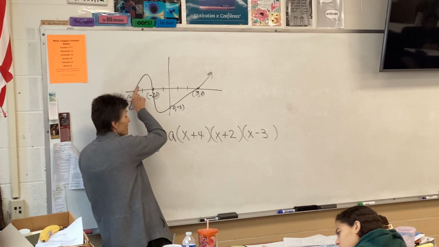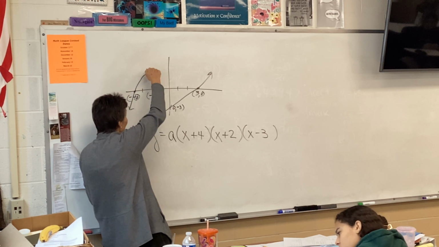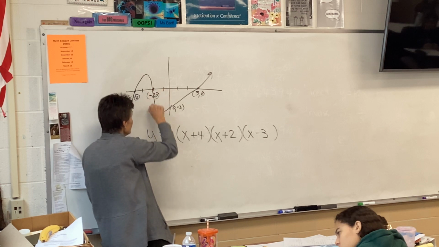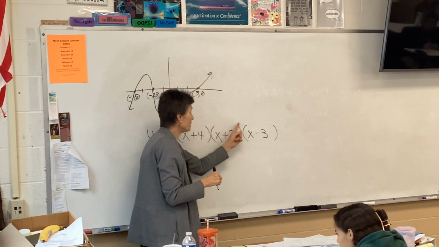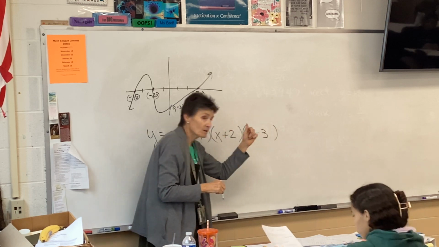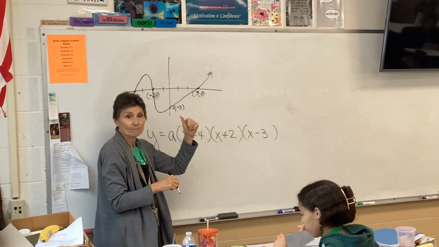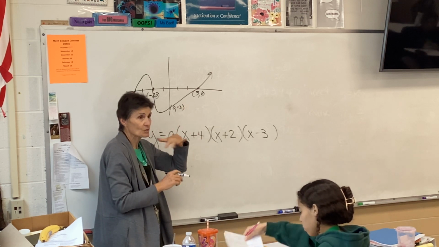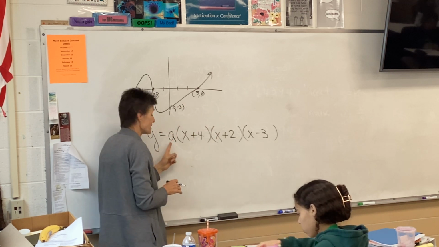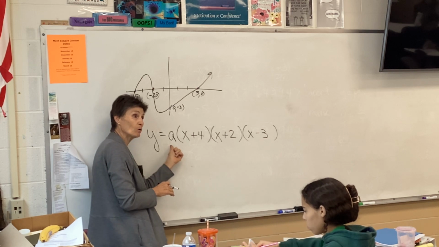Do I have a bounce here? Nope. Here? Nope. Here? Nope. So none of these have exponents. If it bounces, you gotta put a squared on it. Doesn't have a bounce. Last thing is what Titus said, I have to find my coefficient.